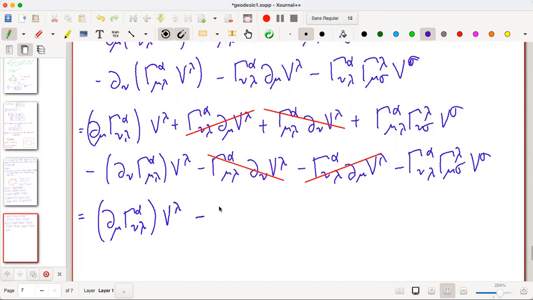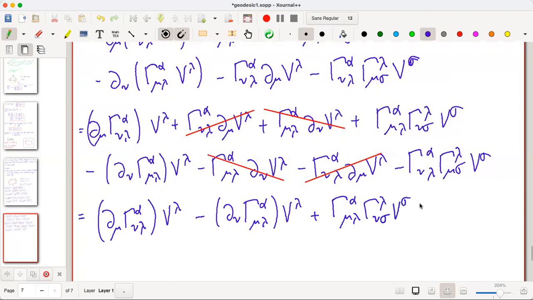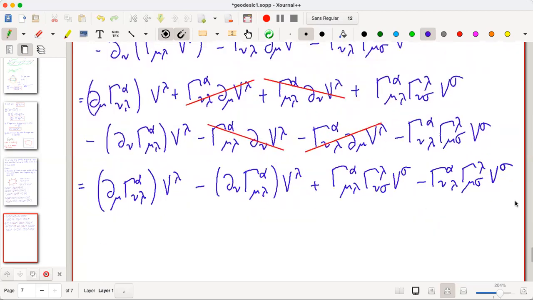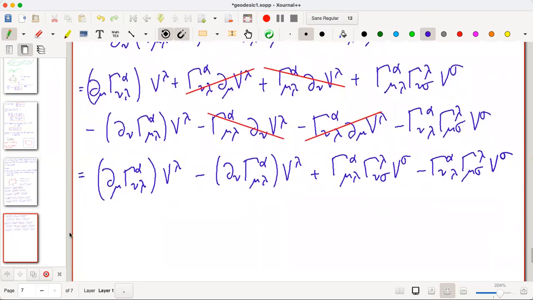I'm joining the first two, these first two: partial mu gamma alpha nu lambda minus partial nu gamma alpha mu lambda times v lambda, and plus that one, gamma alpha mu lambda gamma lambda nu sigma v sigma, minus gamma alpha nu lambda gamma lambda mu sigma v sigma. Okay, so this is basically the left hand side, just like this, right?